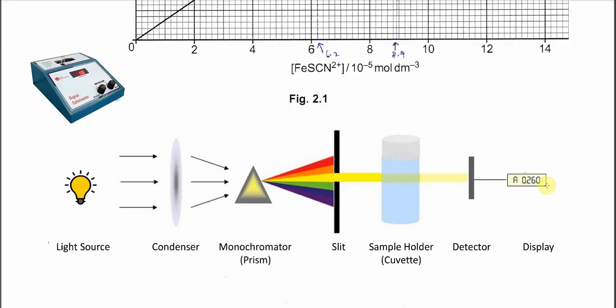Higher absorbance means more light is absorbed, meaning the color of the solution is more intense. Again, when the absorbance is higher, the color of the solution is more intense, and it can absorb more light.